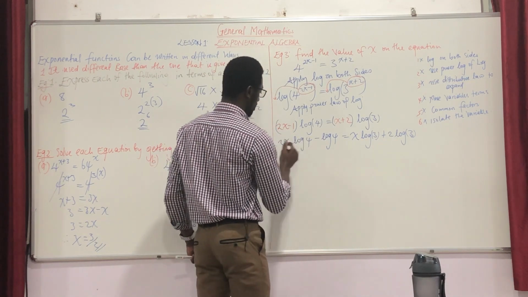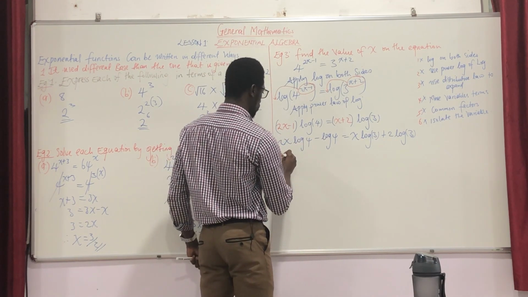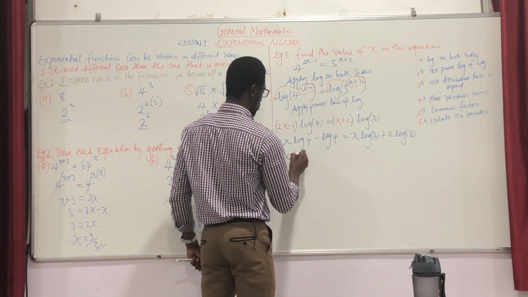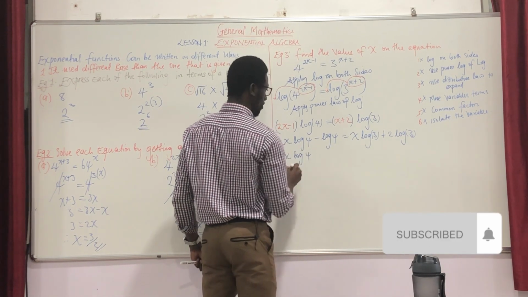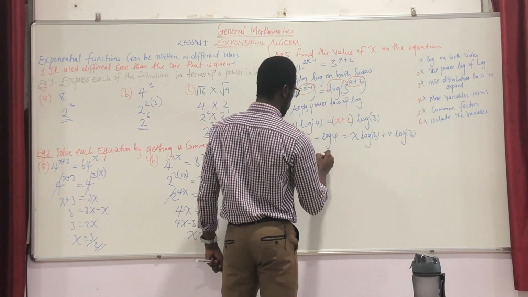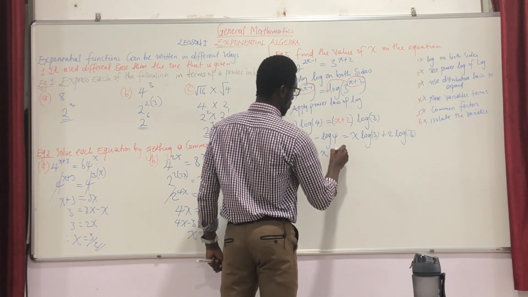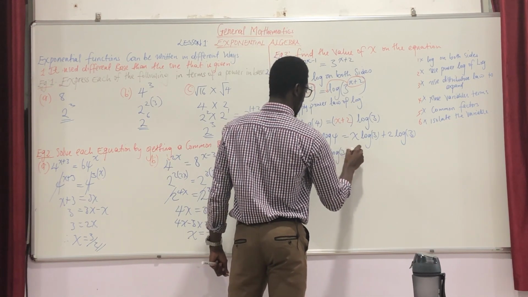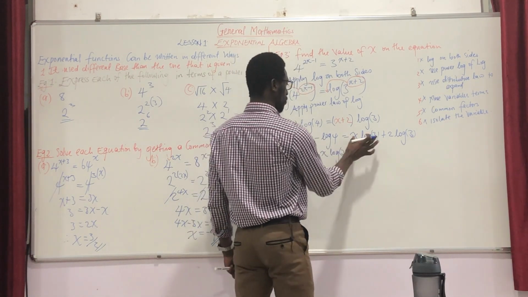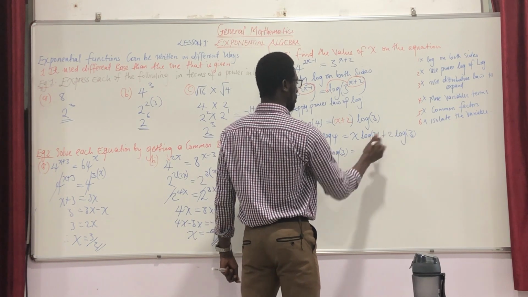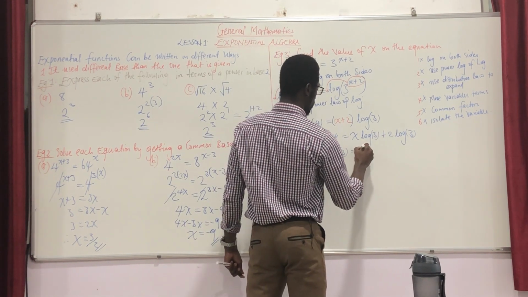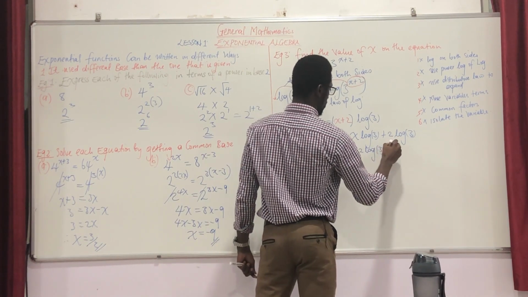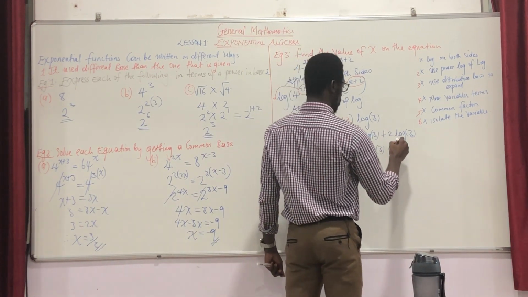So now we can say 2x log 4 minus x log 3 must be equals to 2 log 3 plus log 4.